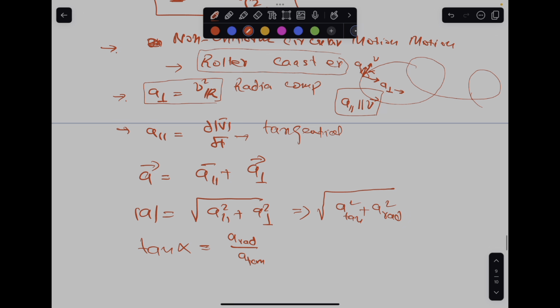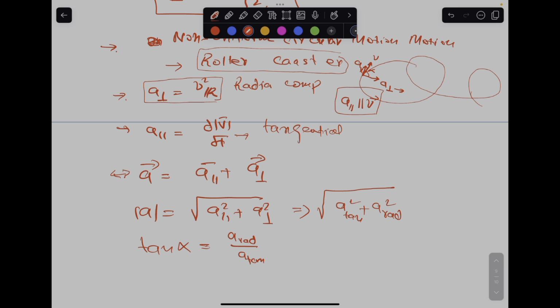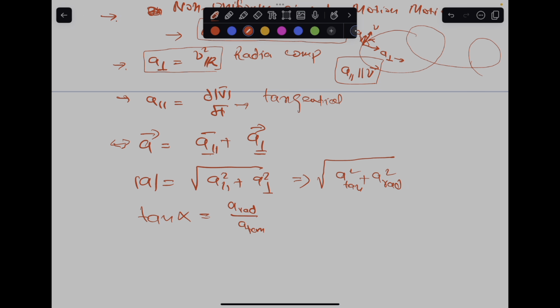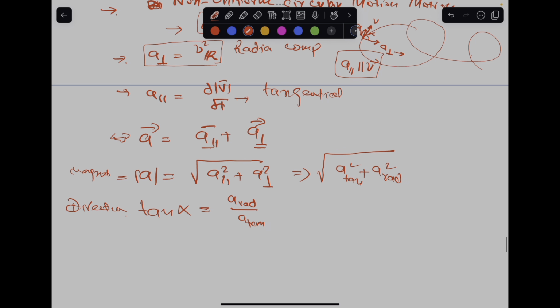And we can find the total acceleration vector by summing the parallel and perpendicular components, and we can get the magnitude and direction of the acceleration vector.